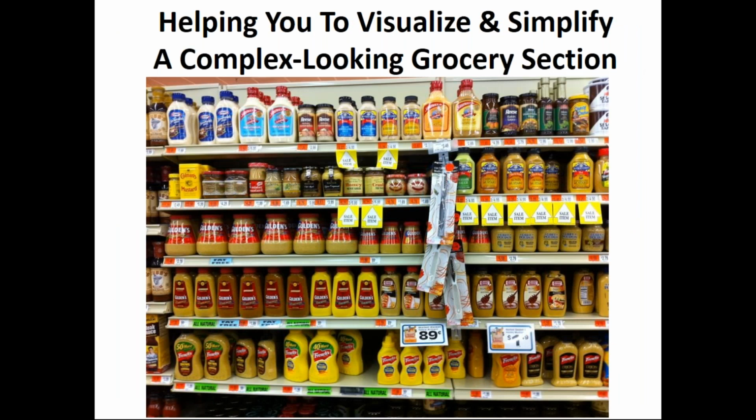So one thing I personally find helpful, when you stand in front of a busy grocery section with all these different containers and sizes and price points, is to get a sense of what this section looks like from a different perspective, weighing certain attributes against the price or the value proposition.